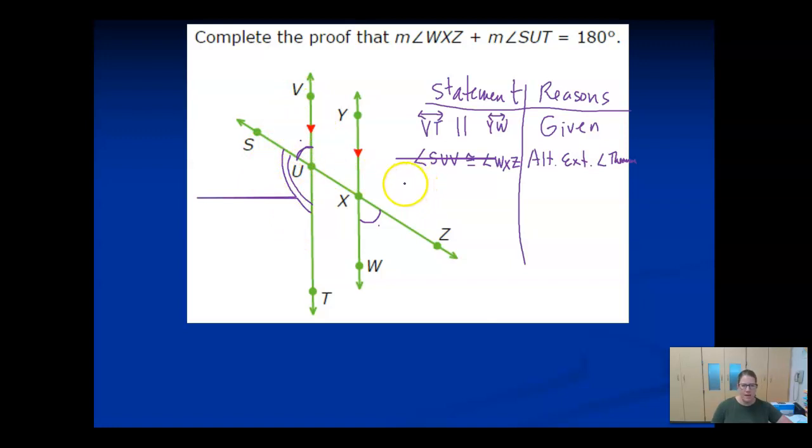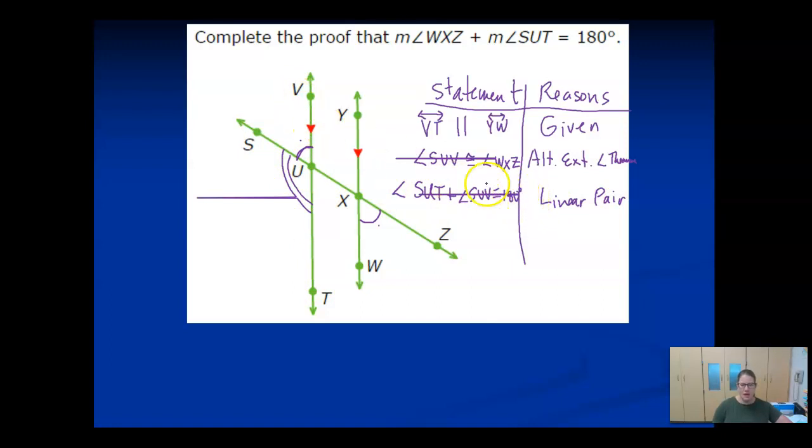So I'm going to go ahead and say angle SUT plus angle SUV equals 180, right? And I can say that because they are a linear pair. So that's my reasoning or my justification for saying this, that SUT plus SUV equals 180.